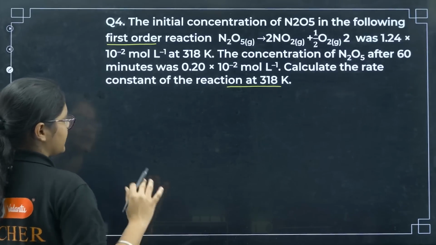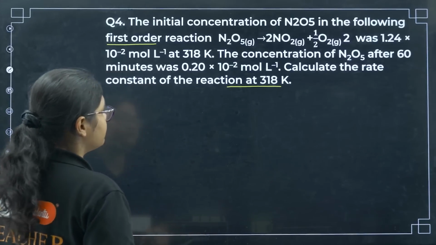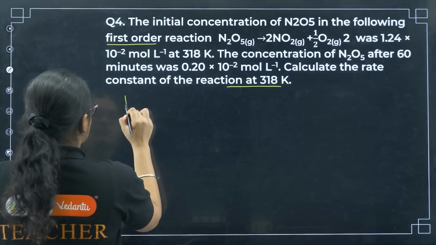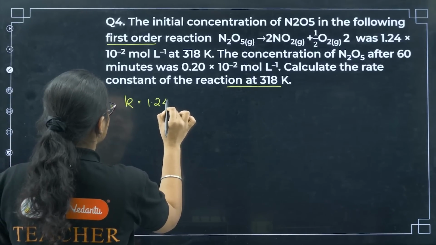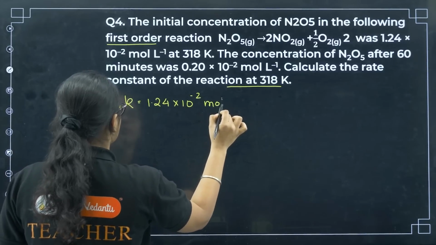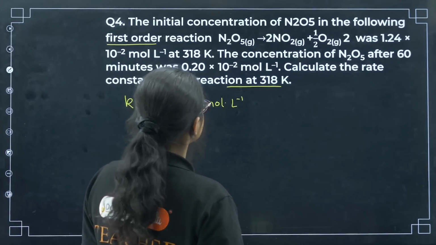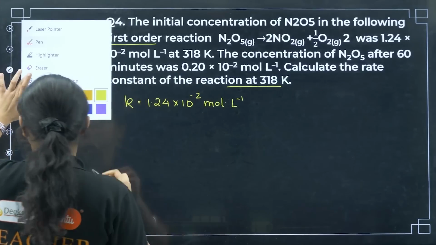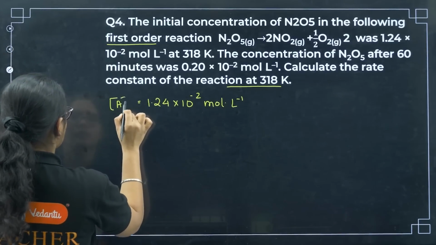So we have to use directly the integrated rate equation for the first order. So yes, what is the value I have? 1.24 into 10 to the power of minus 2 mole liter inverse, initial concentration, sorry. So this is your A naught value.